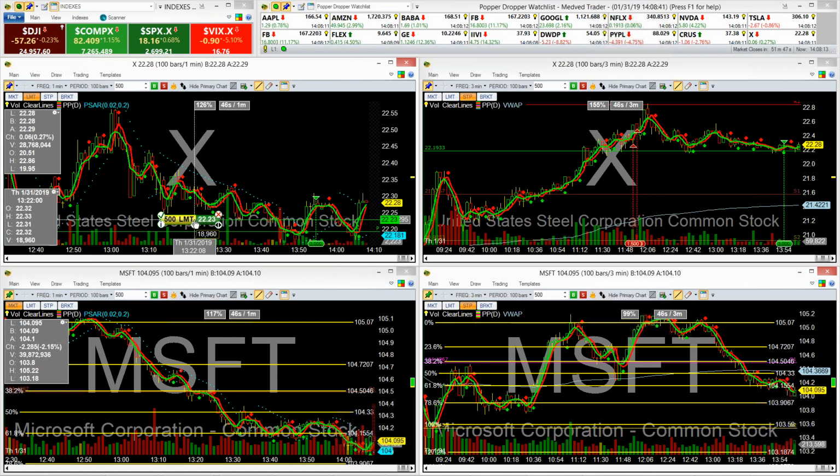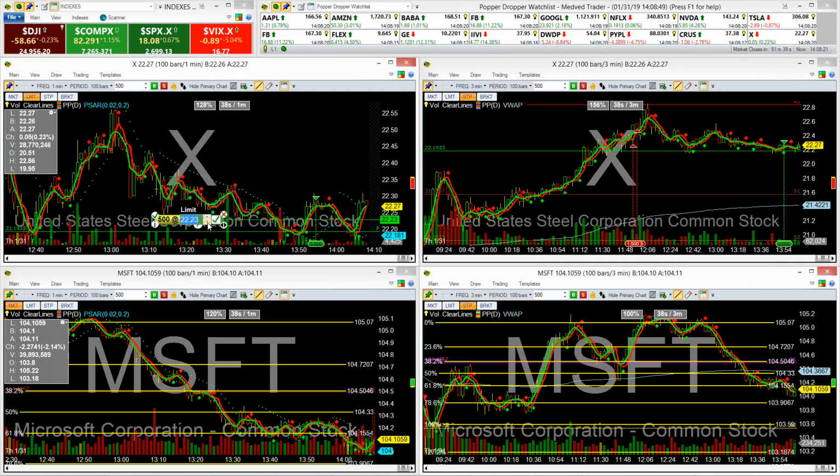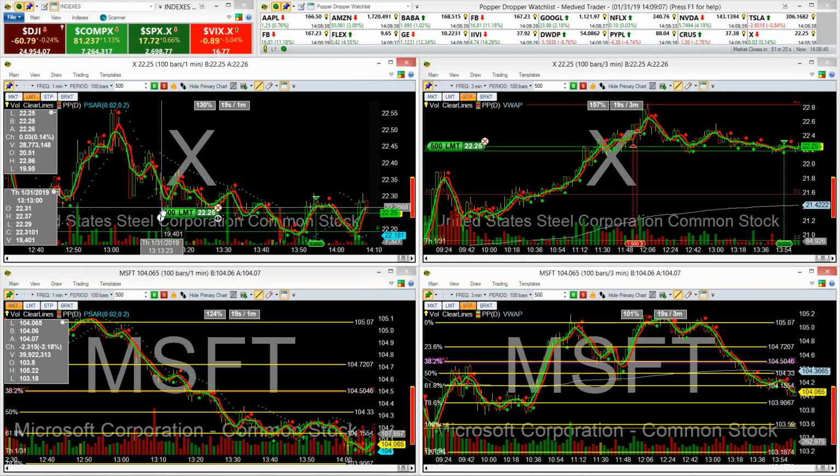Even once I've set it, I can still move it up and down by grabbing it with my left mouse button, or I can double click on the price and move it with the scroll button or the up and down arrows. So let's say I want to put a limit for 22.25. If it comes down to 22.25, buy me 500 shares of X, okay?